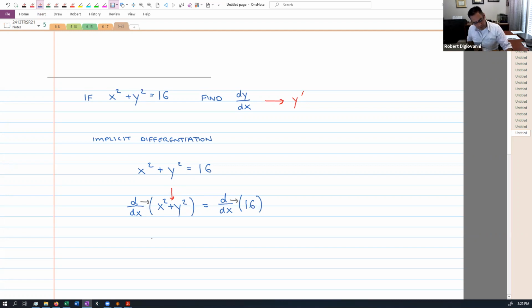So the left side of this becomes the derivative with respect to x of x squared, plus the derivative with respect to x of y squared. Then that will be equal to the derivative with respect to x of the 16. There's nothing really to do on the right-hand side. All I'm doing here is using the property of differentiation that if you have addition or subtraction, you can do them individually.